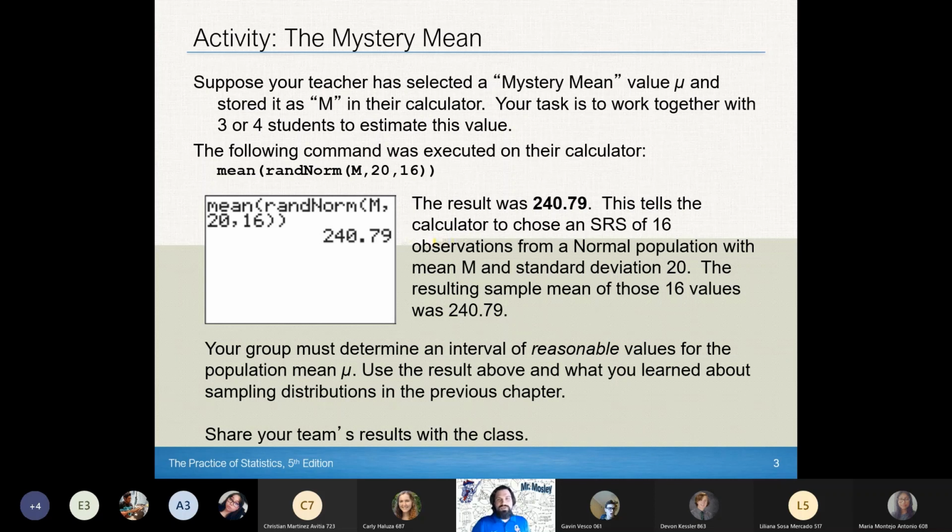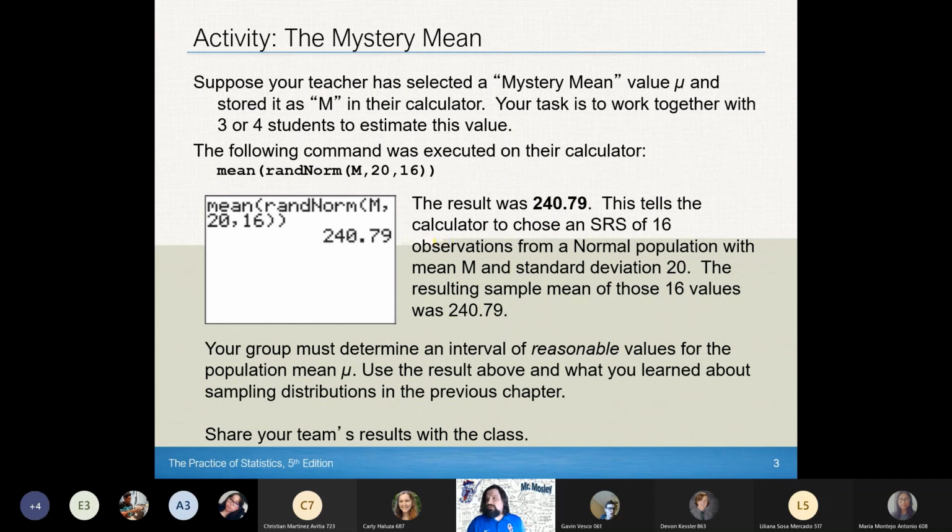The goal would be for your group to determine an interval of reasonable values for the population mean mu. Use the result above and what you learned about sampling distributions in the previous chapter. We're going to look at a possible way to make an educated guess of reasonable values.